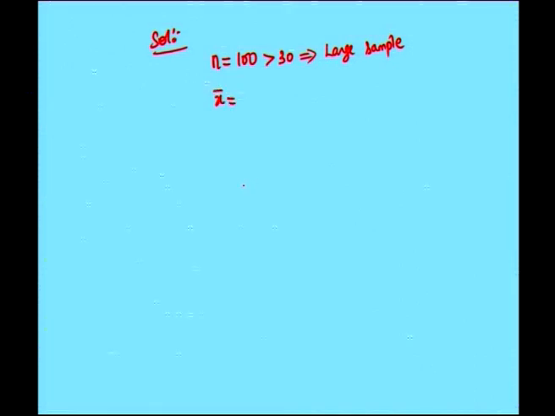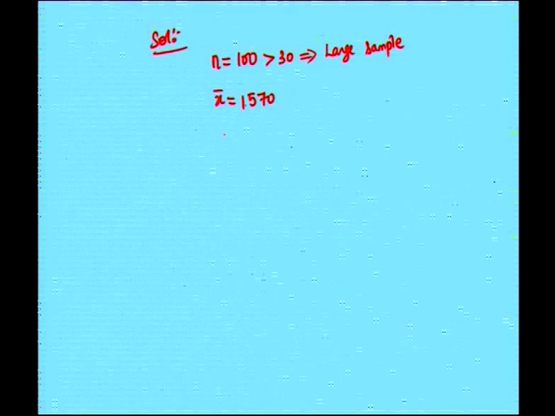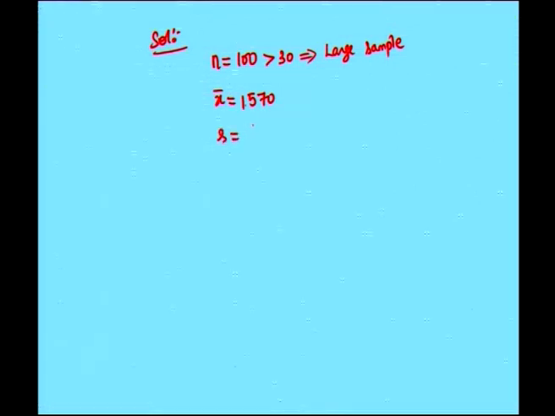The mean lifetime of 100 electric bulbs is estimated to be 1570 hours, and its standard deviation is given to be 120 hours. So, x bar is equal to 1570 and s is equal to 120, and these two values correspond to the sample of 100 bulbs. Therefore, we have to use the notation x bar and s. And one more piece of information given is mu is equal to 1600, that is your population mean.